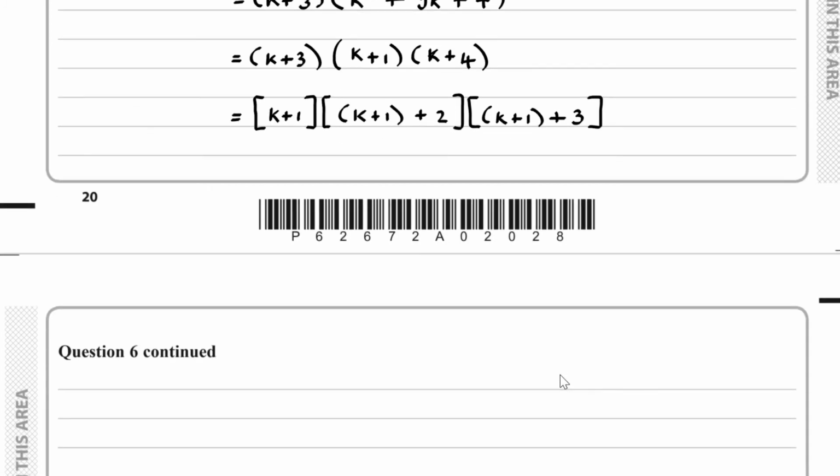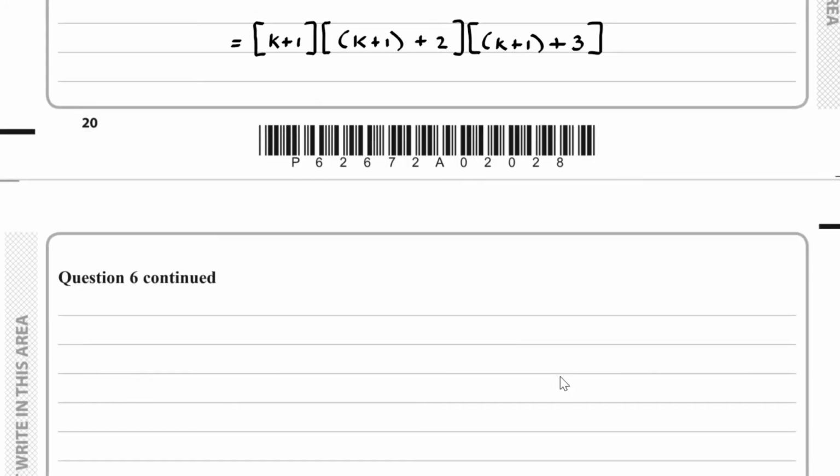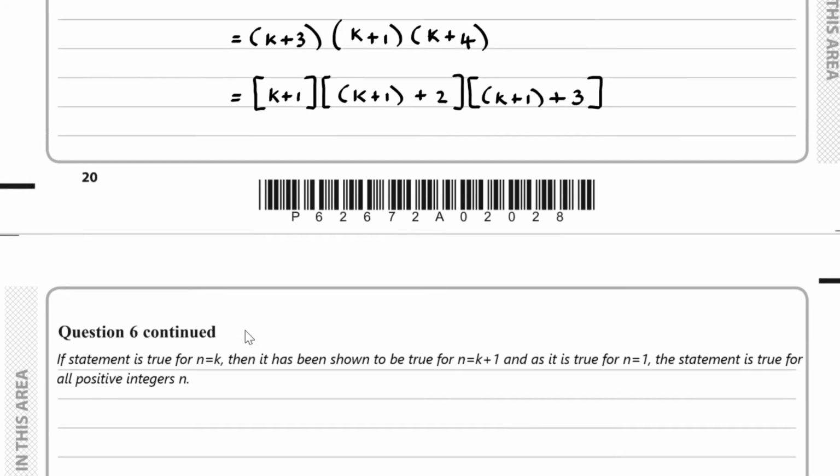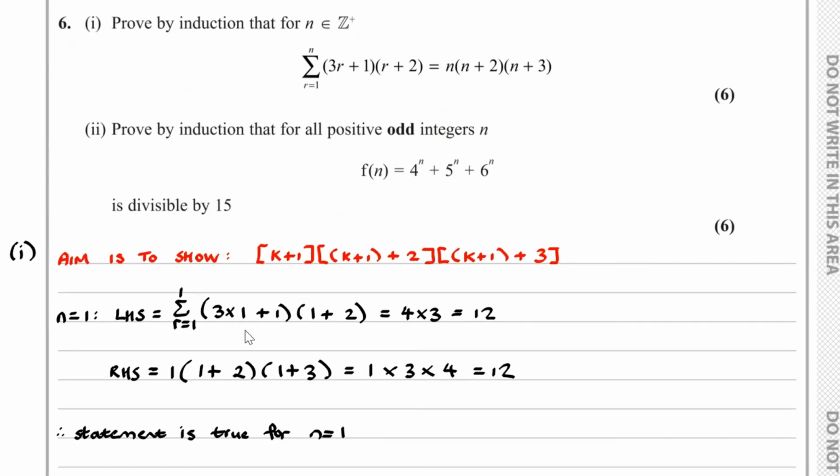So for our conclusion step, we have the following. We see that if the statement is true for n equals k, then it has been shown to be true for n equals k plus 1, and as it is true for n equals 1, the statement is true for all positive integers n.